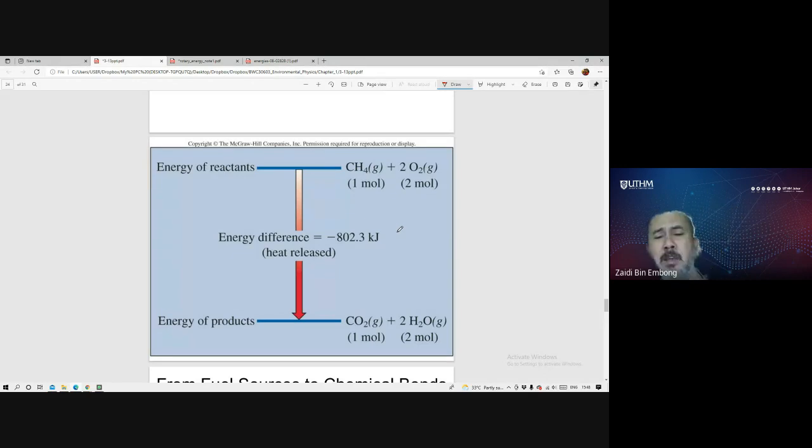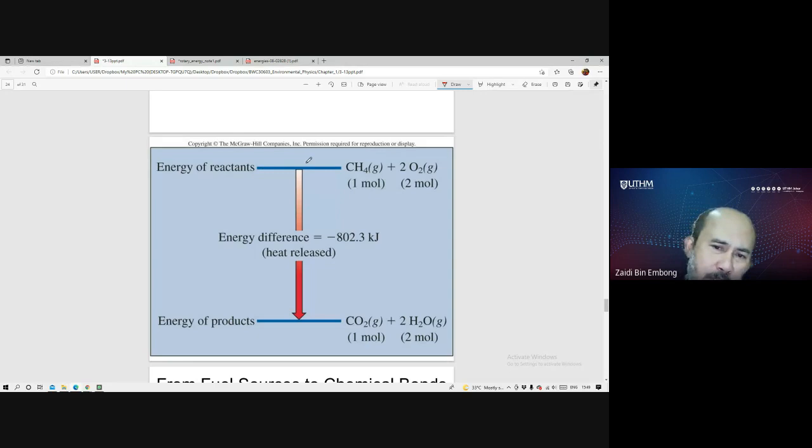In this context, the chemical reaction gives us the energy. We burn the methane by combining the methane with oxygen, and we burn it. When you burn it, you get energy.